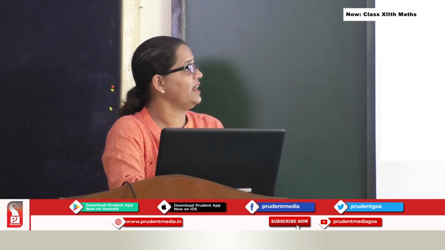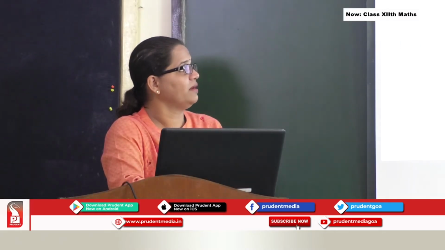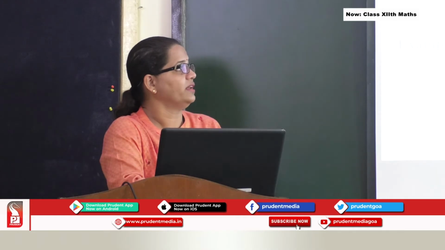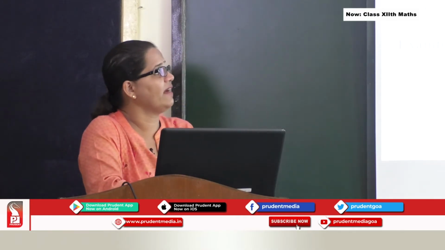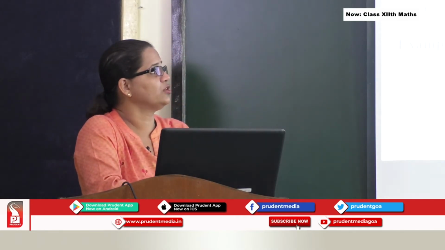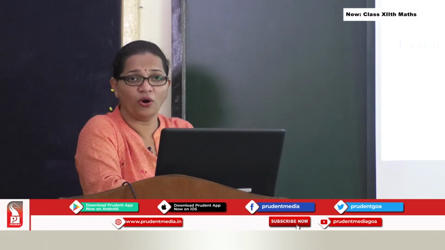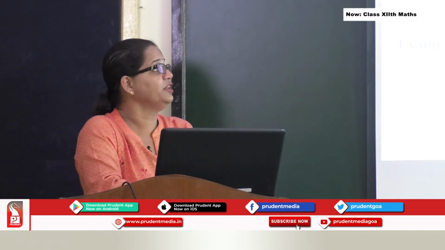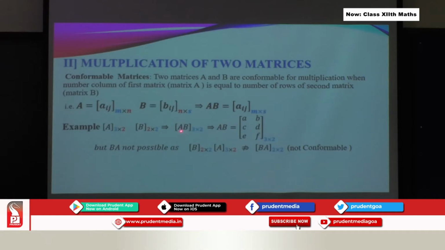The leftover part will become the new order. So 3 cross 2 is the order of my new product A cross B. It will have 3 rows and 2 columns. So this will be the structure of my output.